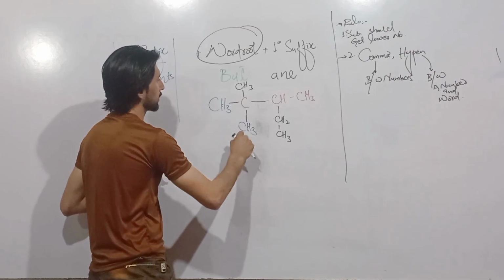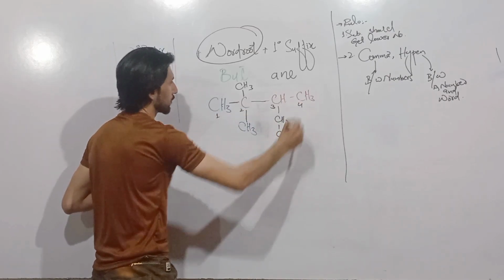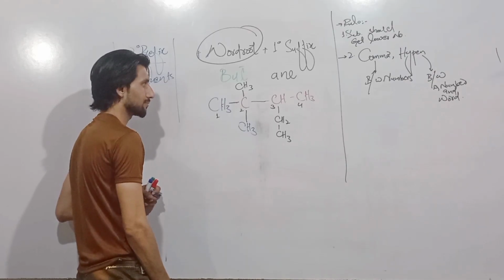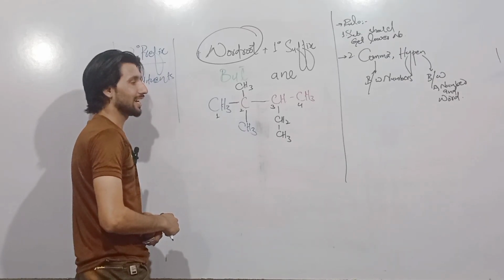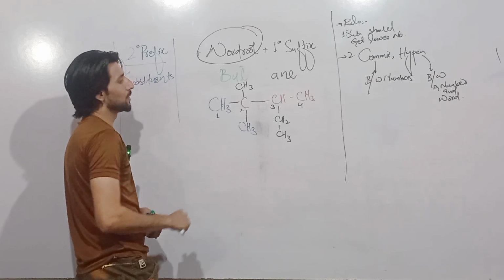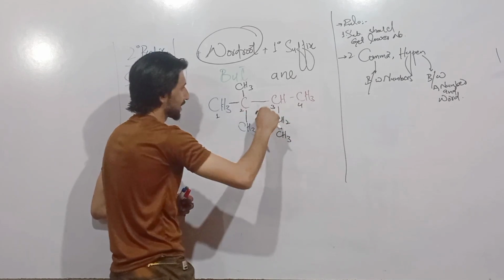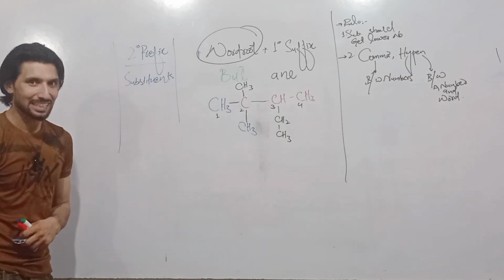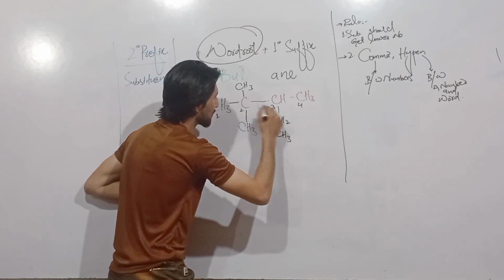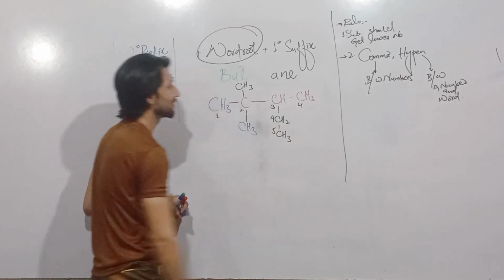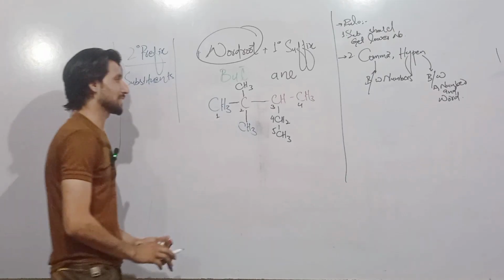From this side, what am I getting is 1, 2, 3, 4. But you are doing this wrong, because this is not your main chain now. Now your main chain turns out to be 1, 2, 3, 4, and 5.